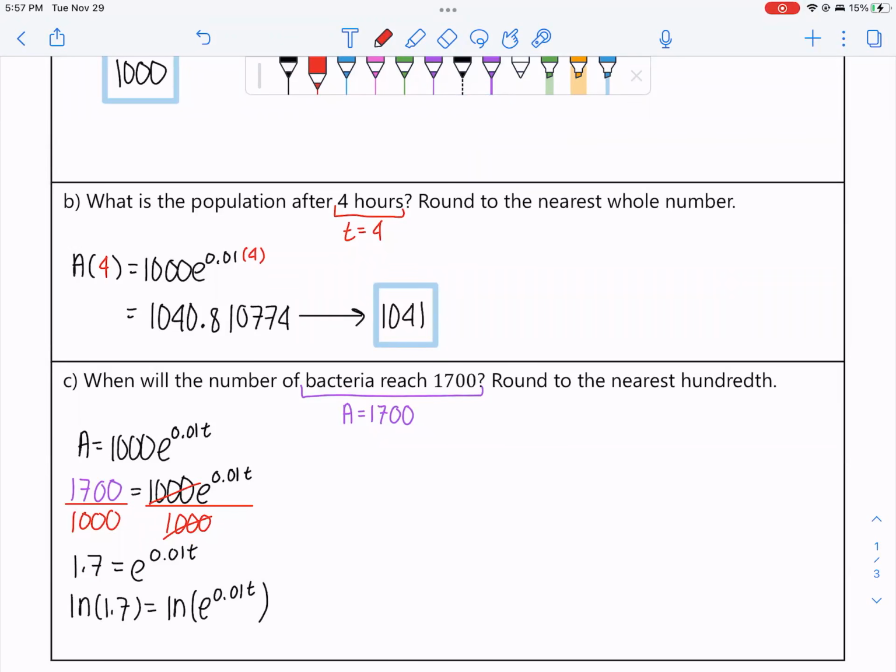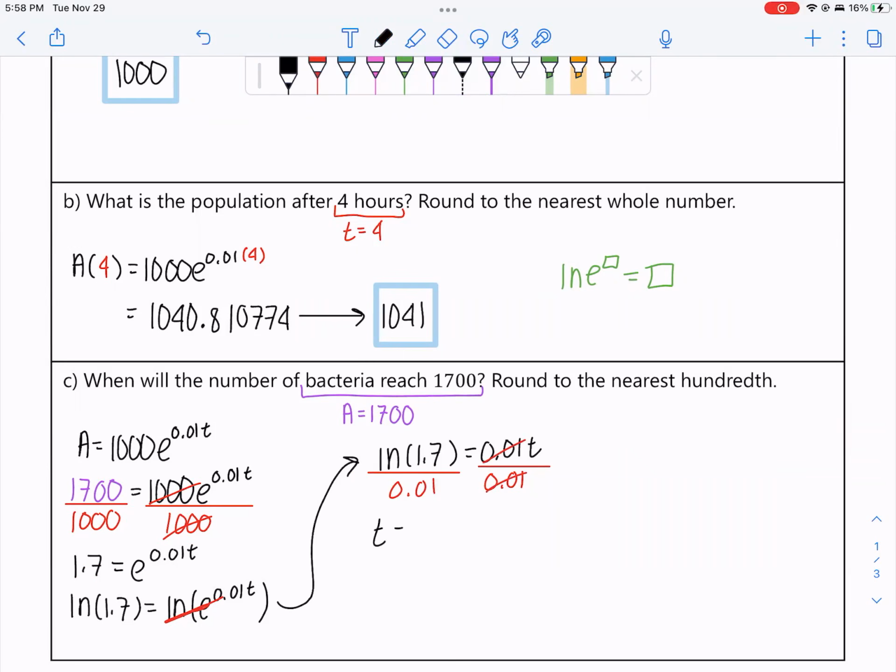Remember, ln e cancels itself out. The rule is ln of e raised to the whatever is equal to the whatever. So we have ln of 1.7 is equal to 0.01 t. Solving for t, dividing by 0.01 on both sides. We get t is equal to ln of 1.7 all divided by 0.01.